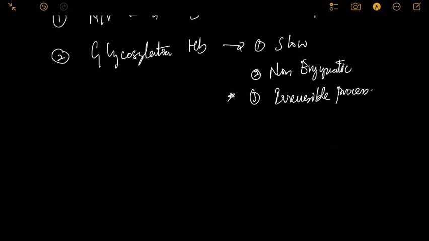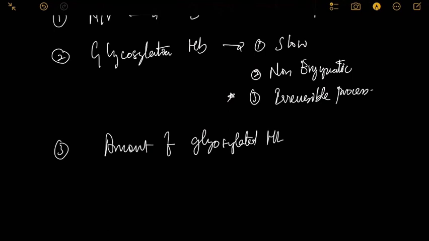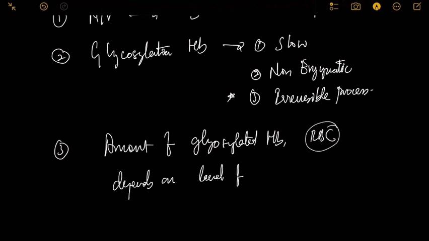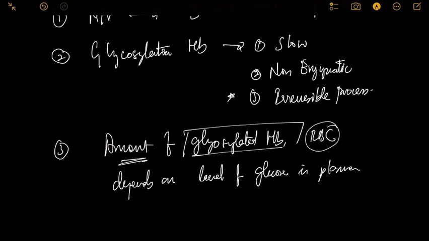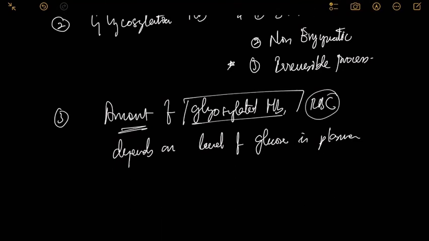Third, the amount of glycosylated hemoglobin which is found in your RBC depends on the level of glucose in your plasma. So the amount of glycosylated hemoglobin which is found in your RBC depends upon the level of glucose in the plasma.